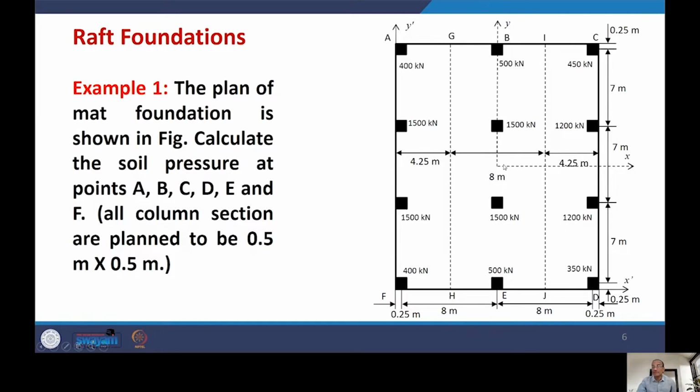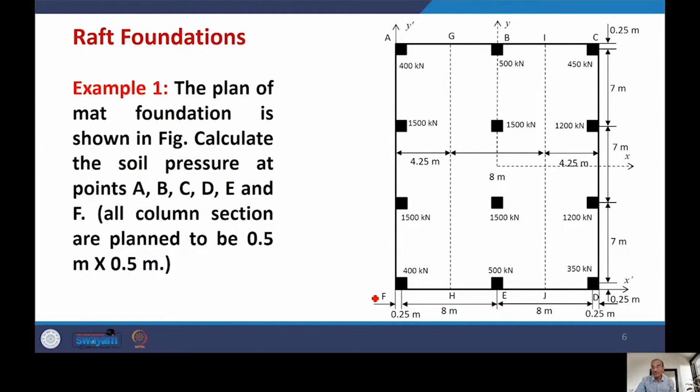This is the center of the foundation, and this is the X-axis, this is the Y-axis. Then we have marked another set of axes, X prime and Y prime, assuming the origin is at the bottom left corner, at this point. If you assume this as the origin, then this is your X prime and Y prime.